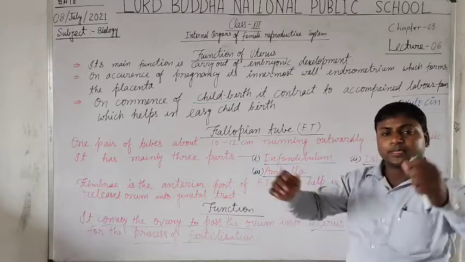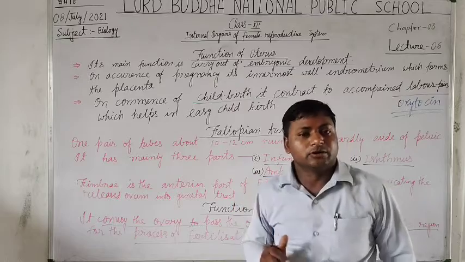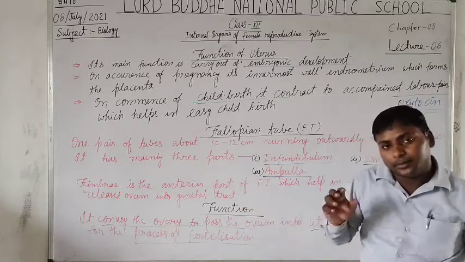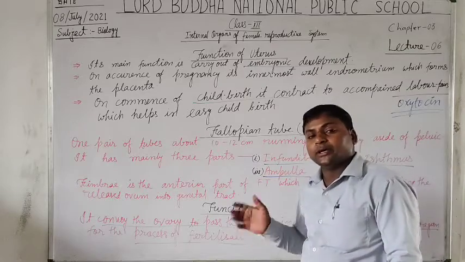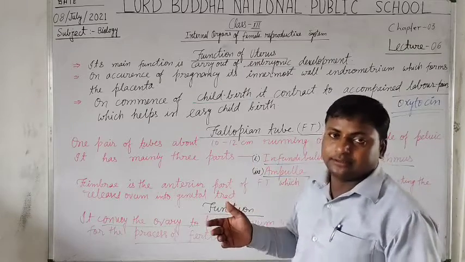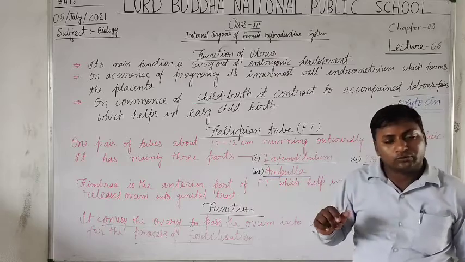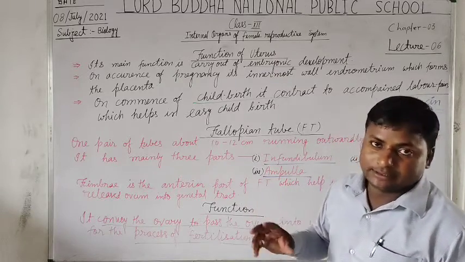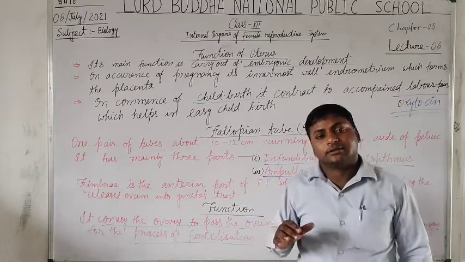Thus students, the process of fertilization takes place inside the fallopian tube, whereas the implantation of the zygote, it means embryo, takes place inside the uterus.